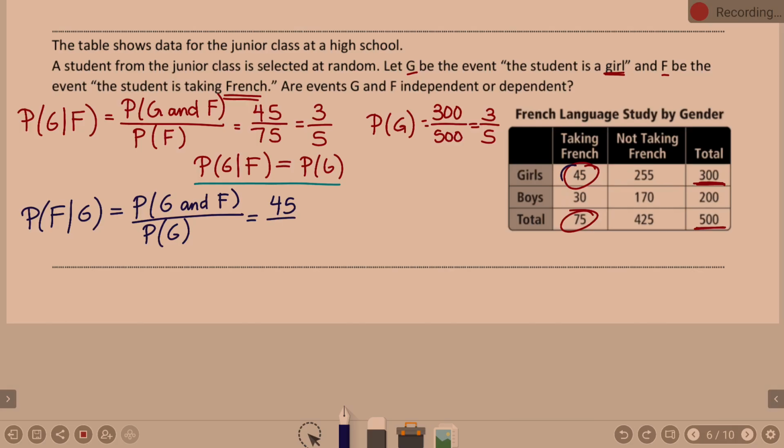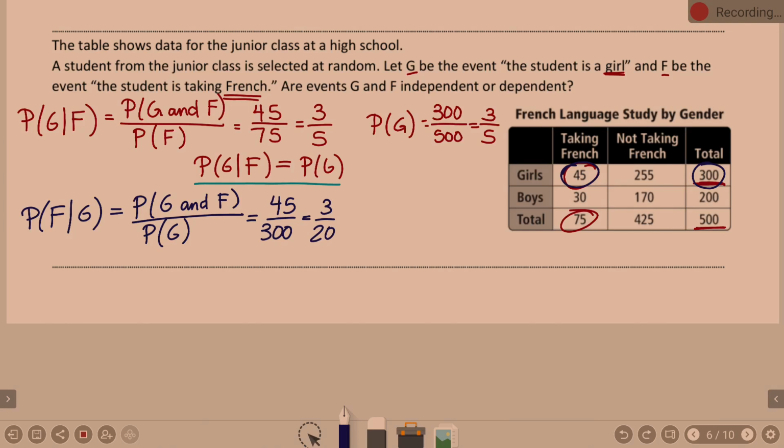The probability the student is a girl: how many girls? 300. 45 over 300. It divides by 5, probably bigger than 5. 9, so it divides by 15 again. 3/20. My answer key says 3/20.